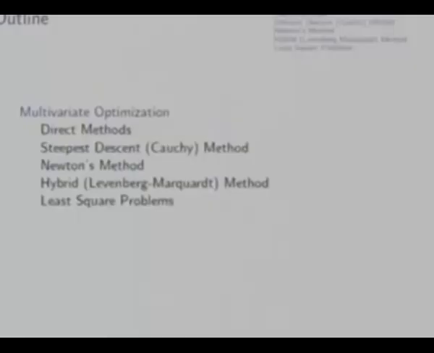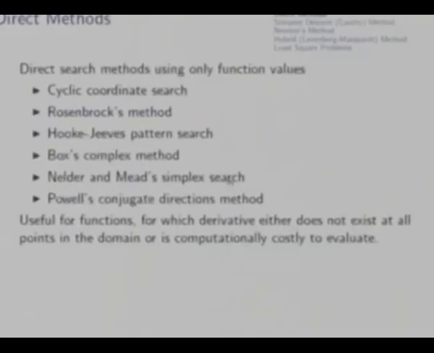Some of the methods are called direct methods, because they use only the function values and not derivatives. One direct method we will study first, and then we will continue into the study of methods based on gradients also, that is steepest descent, Newton's method and hybrid method. So, first the direct methods.